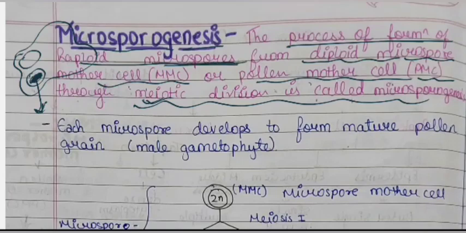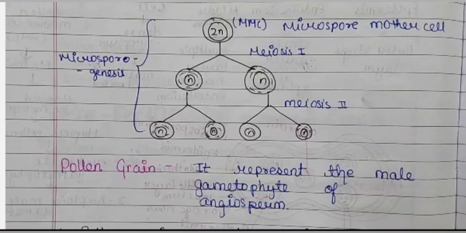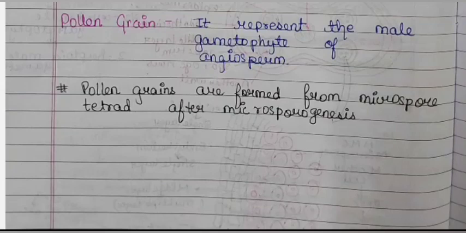This process is known as microsporogenesis. Then each microspore further develops to form a mature pollen grain, that is the male gametophyte. Here in the diagram, the process of microsporogenesis is shown. The pollen grain represents the male gametophyte in angiosperms. So the conclusion is that pollen grains are formed from the microspore tetrad after microsporogenesis.